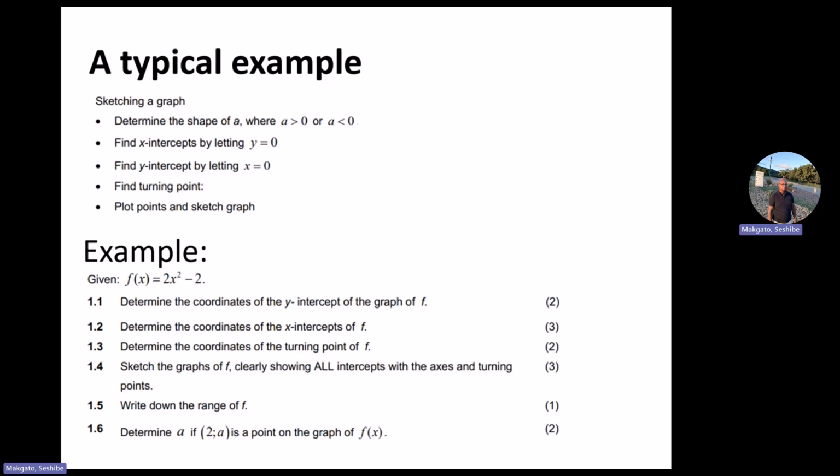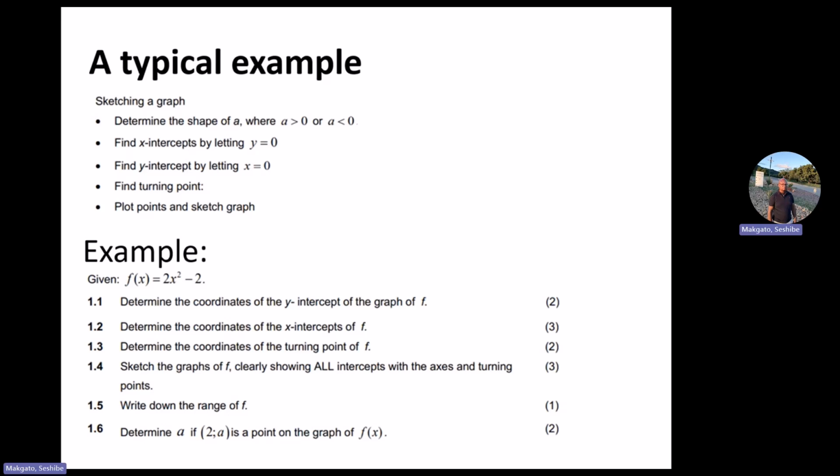That a, you get it from the quadratic equation. When your a is greater than 0, that means your a is positive, and when your a is less than 0, it is negative. Your equation can start as negative 2x squared. From that, you will be able to know whether it's facing up or facing down.